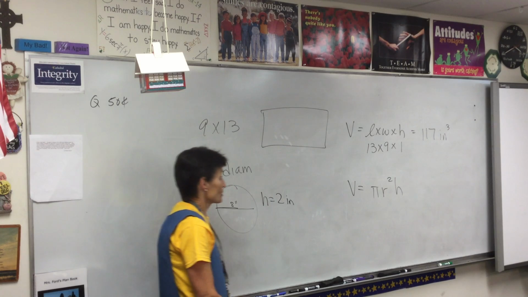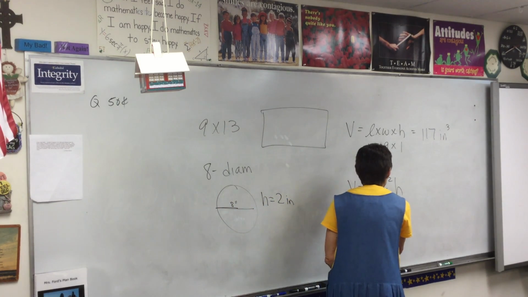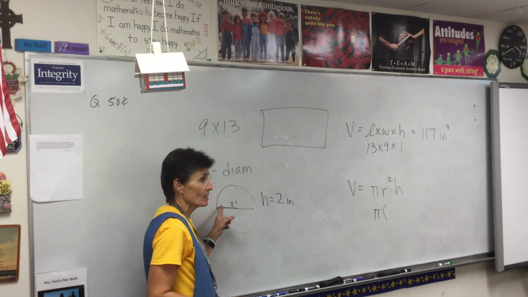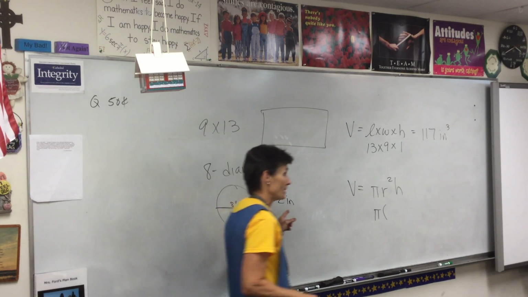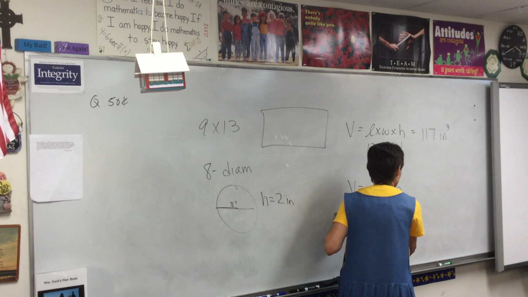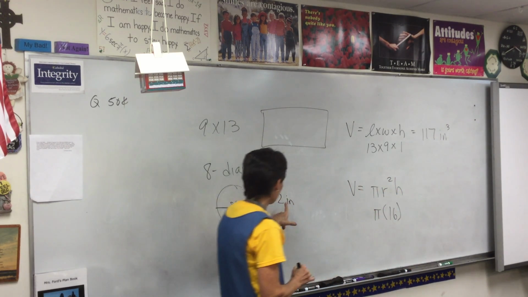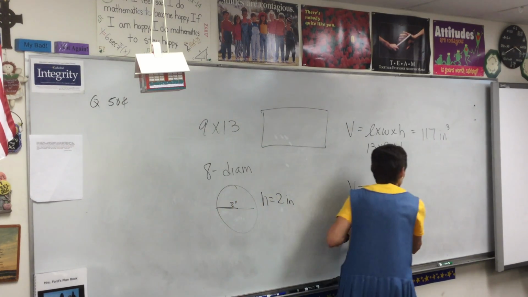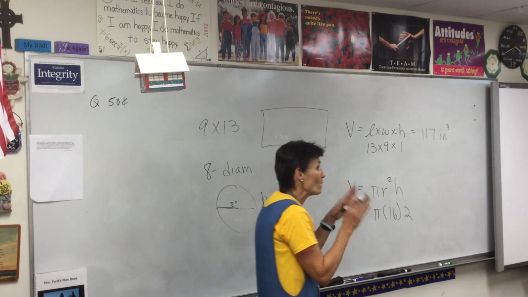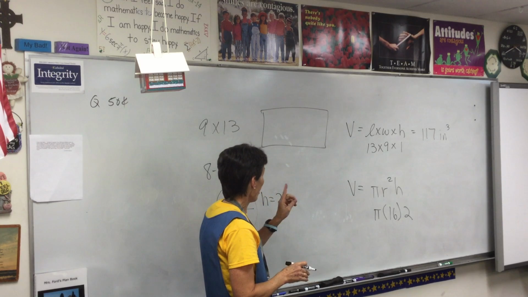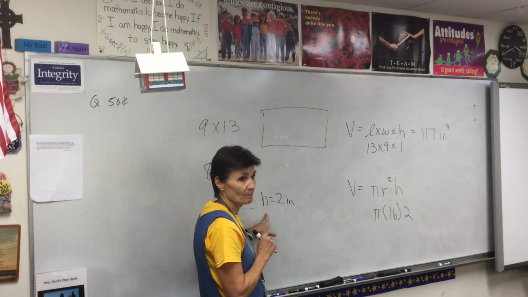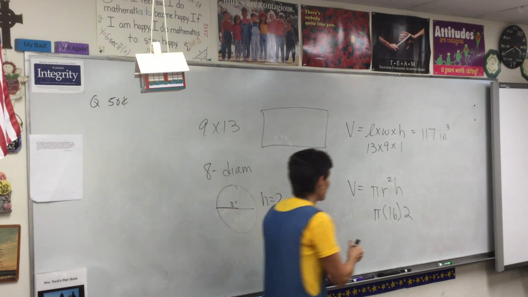So pi, now be careful, 8 is the diameter, so the radius would be 4, so r squared would be 16. And we said our height was going to be 2. Now remember, they didn't give us a height. We get to make it up as long as this one is twice that one. You can use whatever height you want. All right, so that's 32 pi.